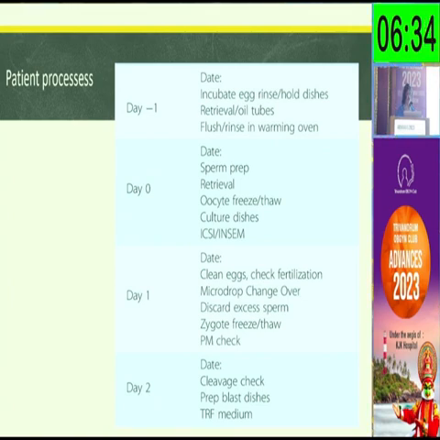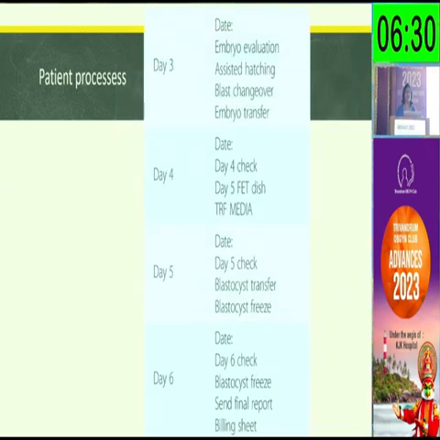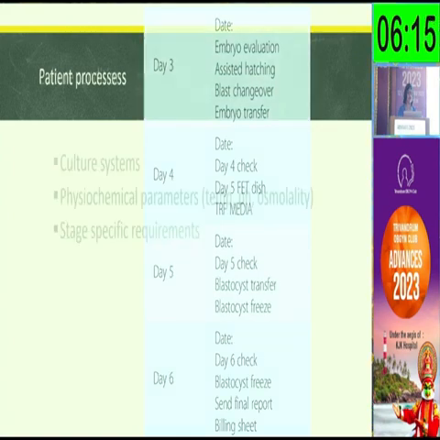So you go from day -1, which is the day we prepare the dishes, to day 7, because I have a habit of culturing all embryos to day 7, unless there are none left after day 5. So it goes until the day you culture. All these things definitely are there for every patient.